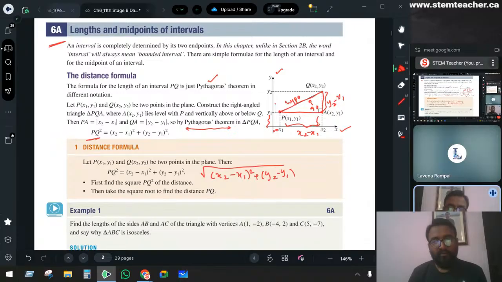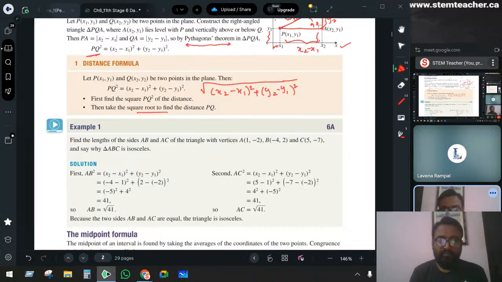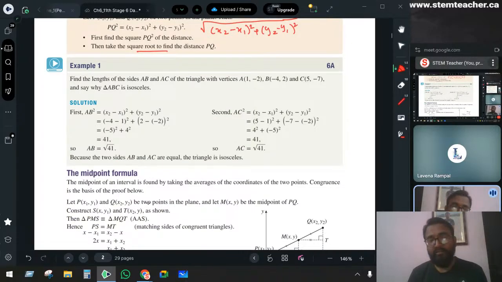And you can write y1 minus y2 or x1 minus x2 in a square, that is not effective. Next, first find the square of the distance, then take its square root with positive sign, which is the distance. So generally, in coordinate geometry, we have a lot of applications with this formula.